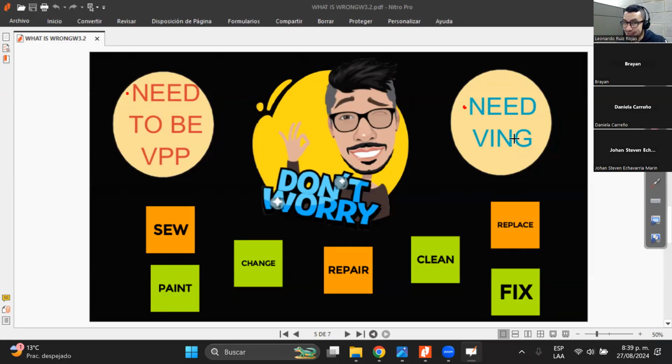Ambas formas son exactamente lo mismo. What is the difference? Si quiere decir necesita ser arreglado, it needs to be, and then the verb in past participle. For example, it needs to be fixed. ¿Cierto? Past participle del verbo arreglar. It needs to be fixed.